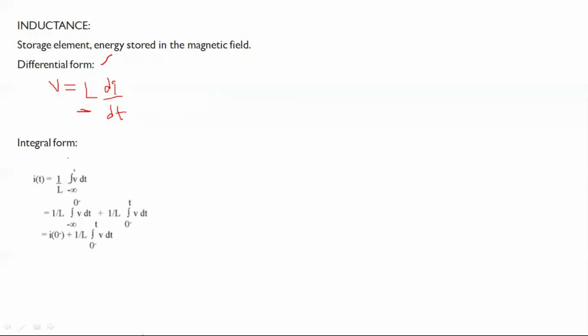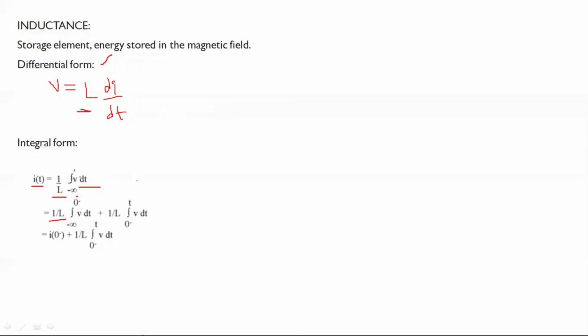So the integral form is I is equal to 1 by L, where I is the current flowing through the inductor and L is the inductance, integral from 0 to T of V dt plus I0. V dt means the voltage across the inductance.